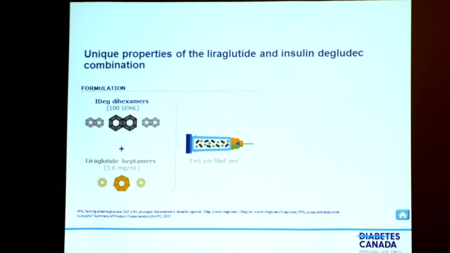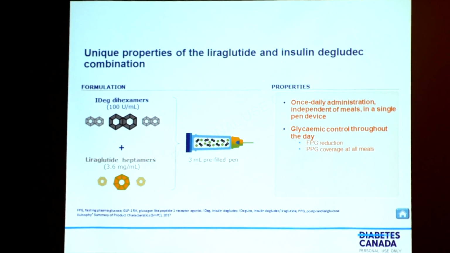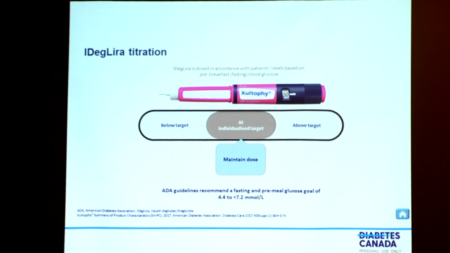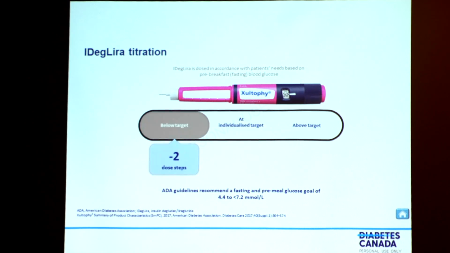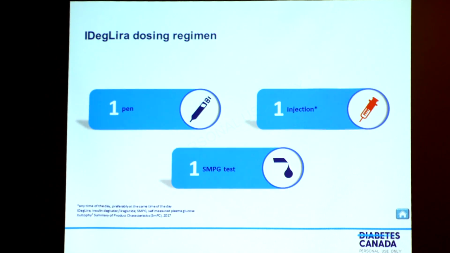You can put them in the same solution in a premixed pen, and the GLP-1, as I mentioned, gives you prandial control, brings the blood sugar down faster after the meal, and the insulin component takes care of your values before the meal and when fasting. So this is the example, and the titration is plus or minus 2 units at a time. One pen, one injection, one blood test a day.